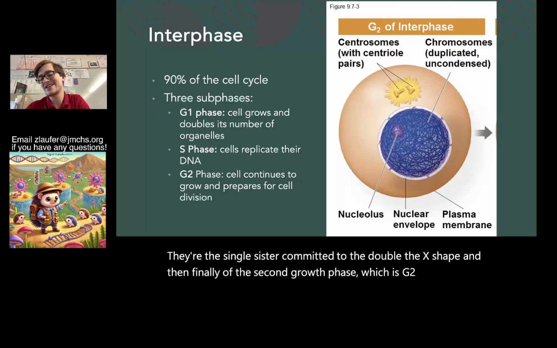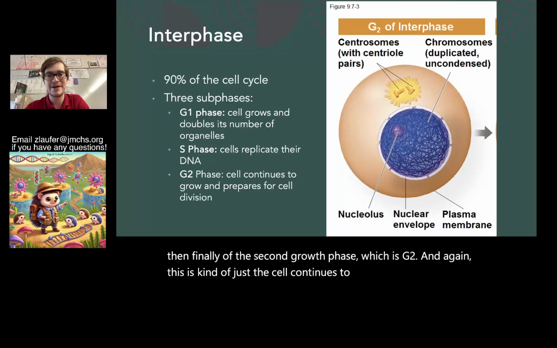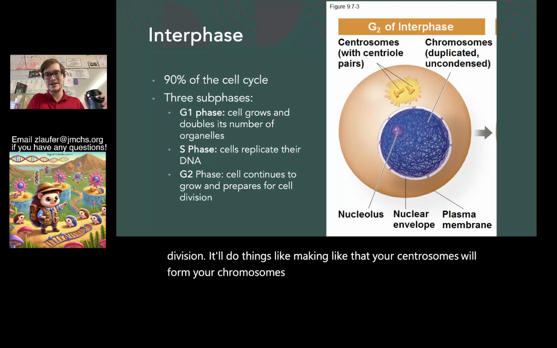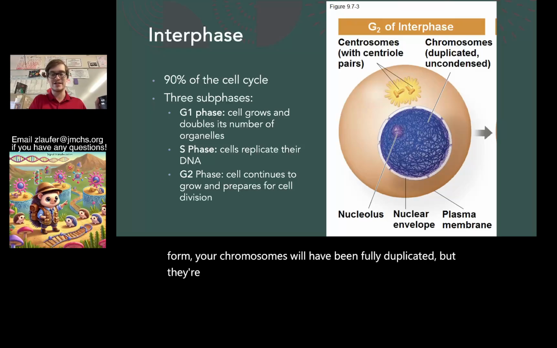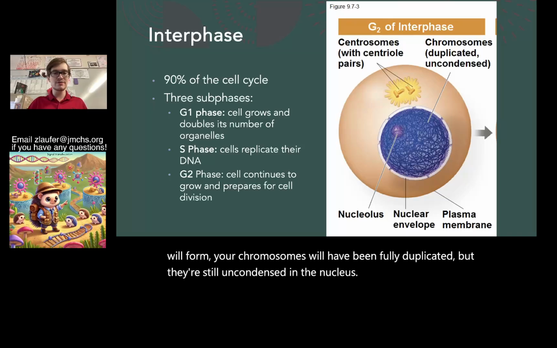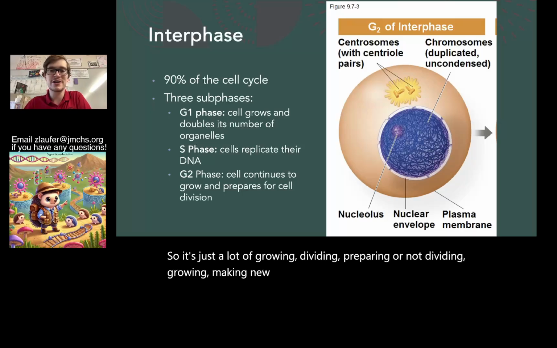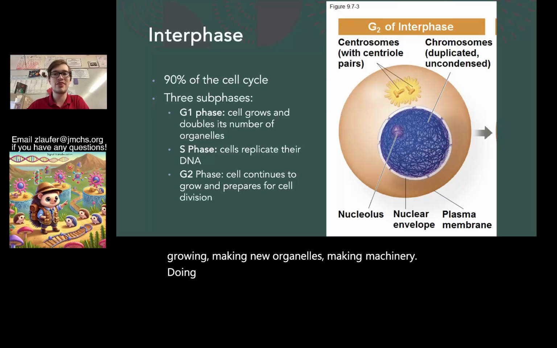And again, the cell continues to grow and prepare for cell division. It'll do things like making centrosomes. Your chromosomes will have been fully duplicated, but they're still uncondensed in the nucleus. So it's really just a lot of growing, making new organelles, making machinery, doing regular cell life things.